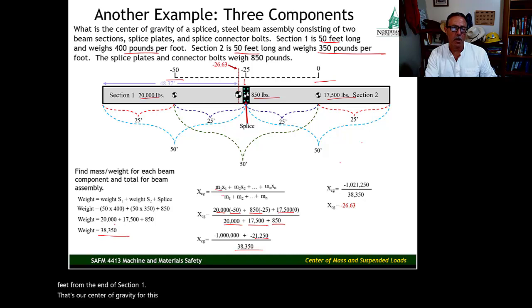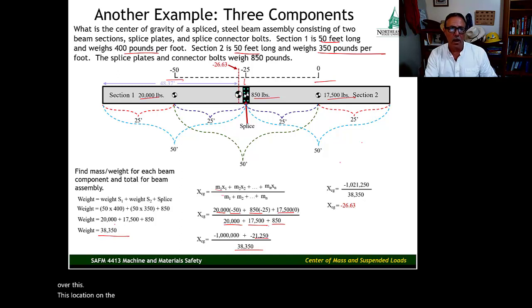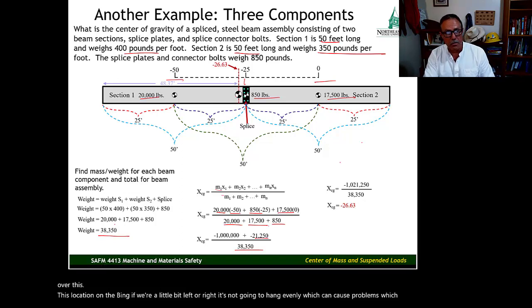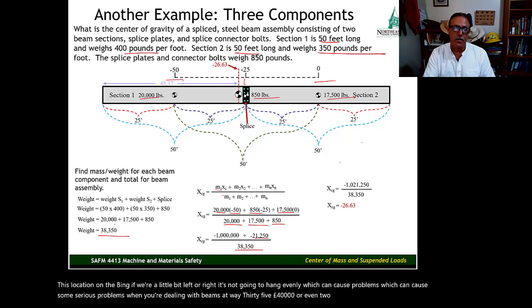So if we're rigging this load, we want the hook of our crane, of our load block, directly over this location on the beam. If we're a little bit left or right, it's not going to hang evenly, which can cause some serious problems when you're dealing with beams that weigh 35, 40,000 pounds, or even 200,000 pounds, or even heavier in some cases.